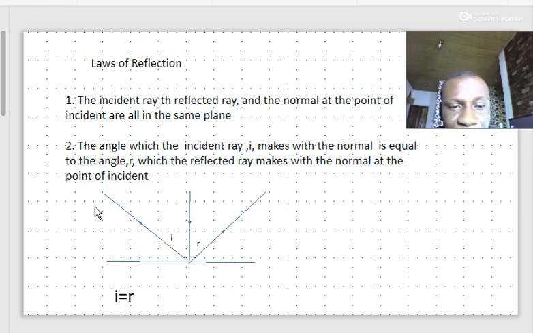An incident ray of light is a light that meets a surface at a point. That surface is a reflecting surface, also known as the barrier we described earlier. When a ray of light makes an angle of 90 degrees with the surface, it is called a normal ray.